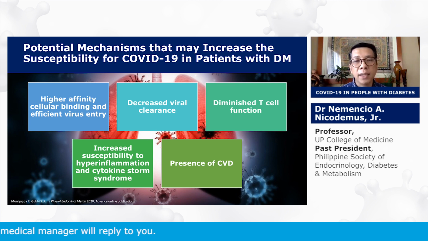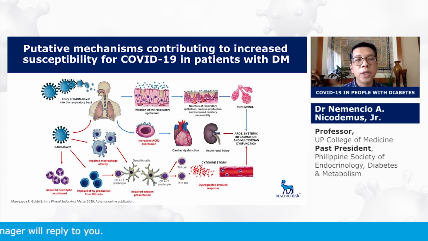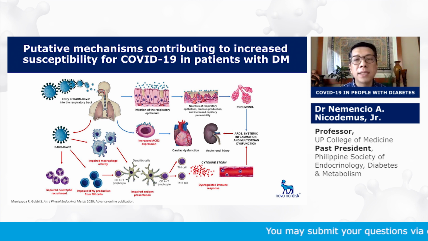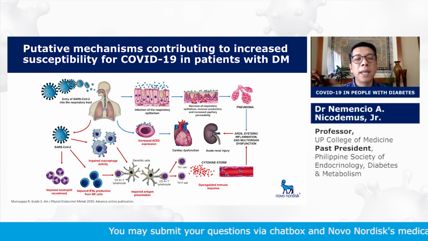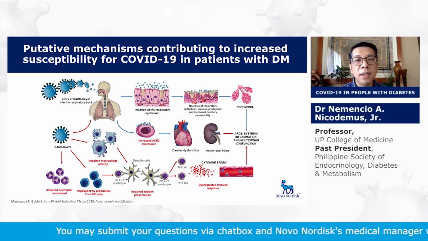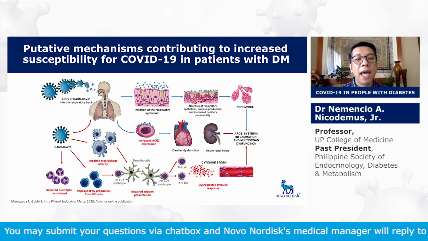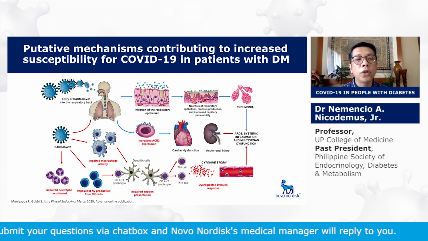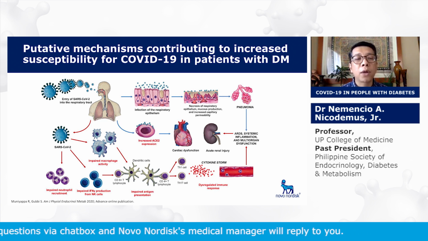If we put that into an illustration, this is how it will look. As the SARS-CoV-2 virus enters the human being, there is now an infection of the respiratory epithelium. But among patients with diabetes, what has been found in studies is that there is an increased expression of the ACE2 receptor. There is, as we all know, an impairment in the macrophage activity, particularly among patients who have elevated blood sugars, and they also have impaired neutrophil recruitment.